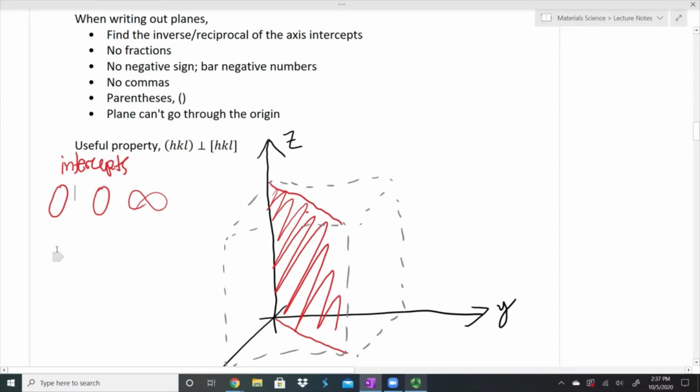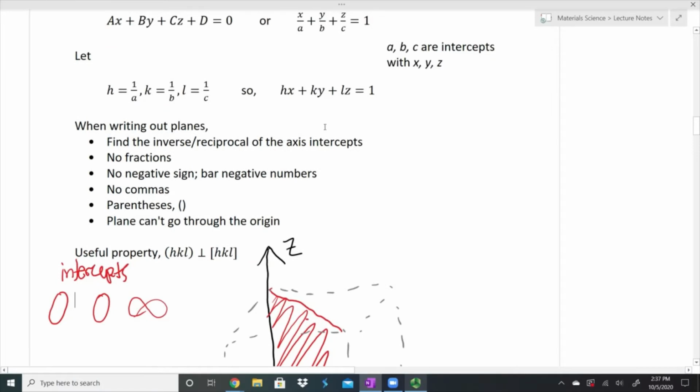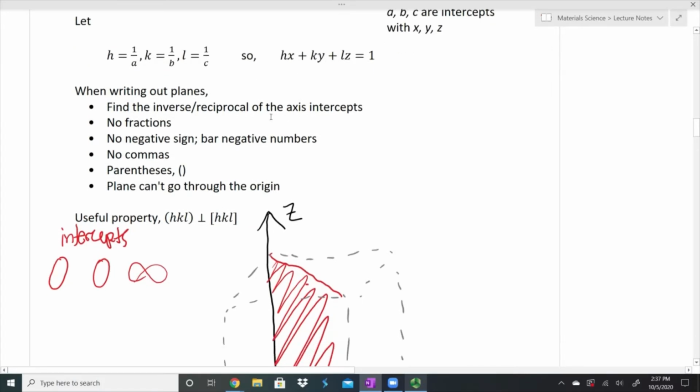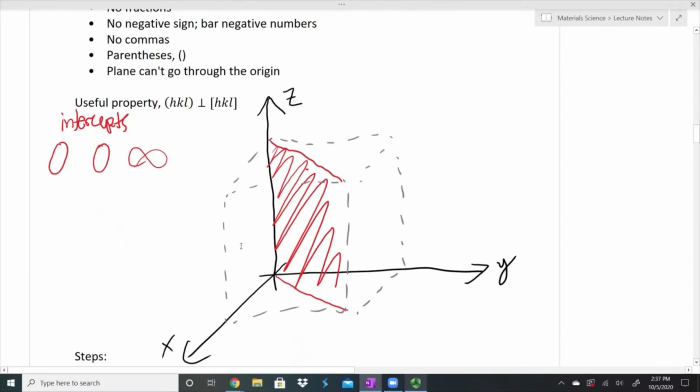And that is something that you can't put into an equation. I can't use that as an HKL in this equation. So I can't use it if I go through the origin here. If I go through the origin, then I get some zeros and things fall apart. So if your plane goes through the origin, you're going to have to figure out how to move the plane or move the origin, one of the two.